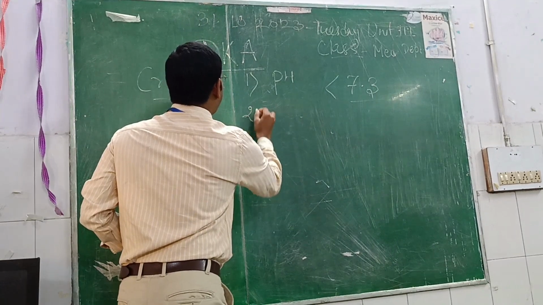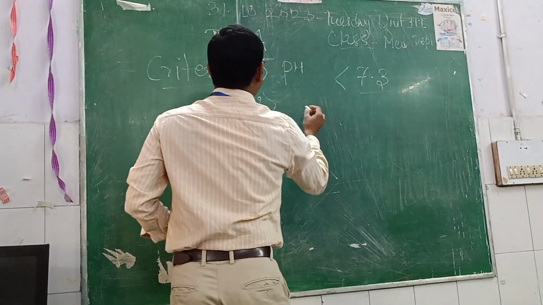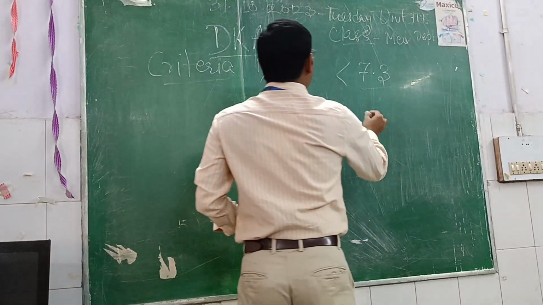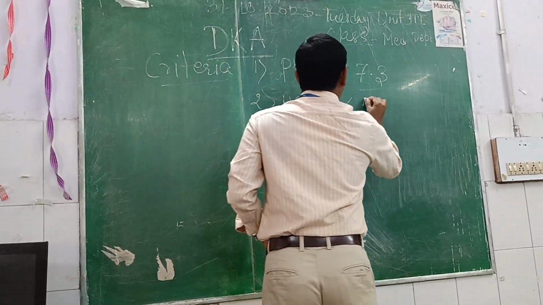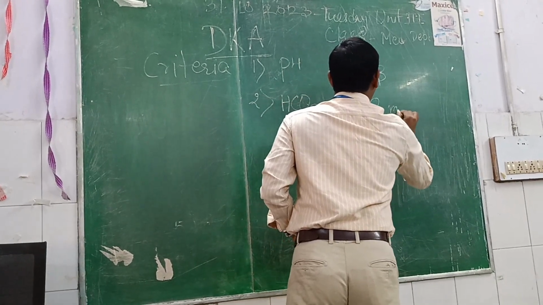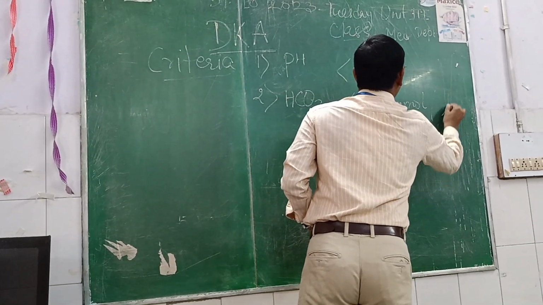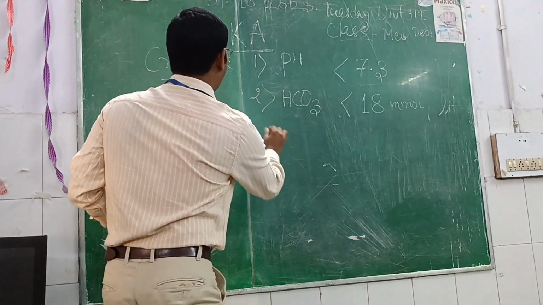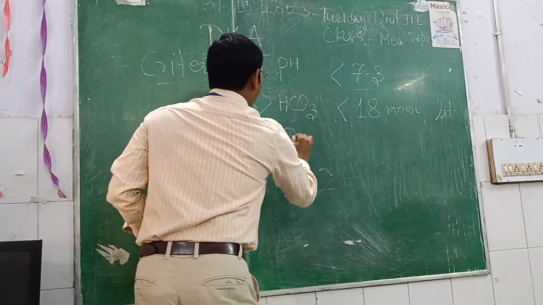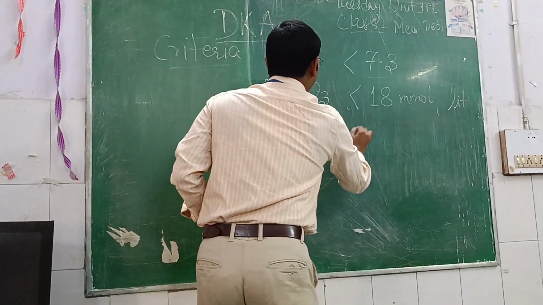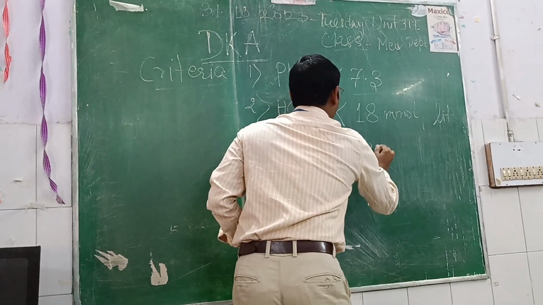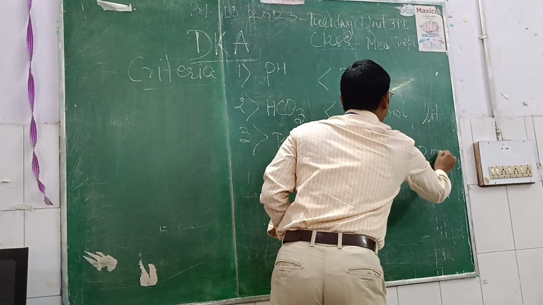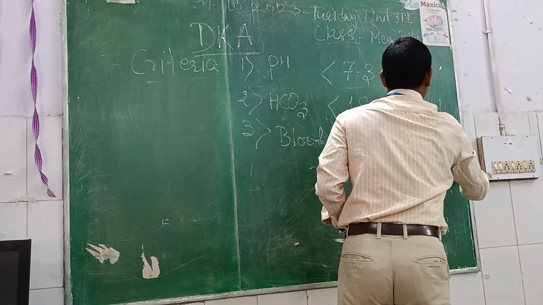Number two, when the bicarbonate concentration is less than 18 millimole per liter. And number three, when the random blood sugar is more than 250 milligram per deciliter.